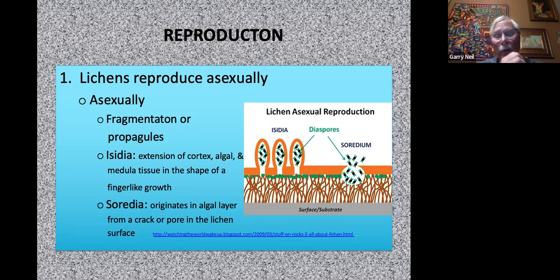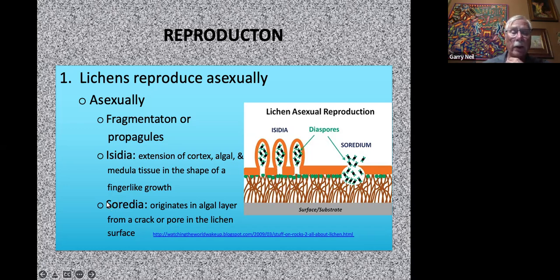These spores are very special because the round structure of the spore is going to be the algae or the cyanobacterium, and wrapped around it is going to be the fungus of the lichen. So it has both already there. It doesn't have to find an algal partner or a fungal partner to survive. It can fly away, land somewhere, and if the environment's right, it'll start to grow.